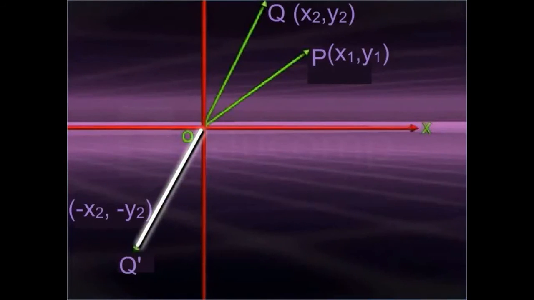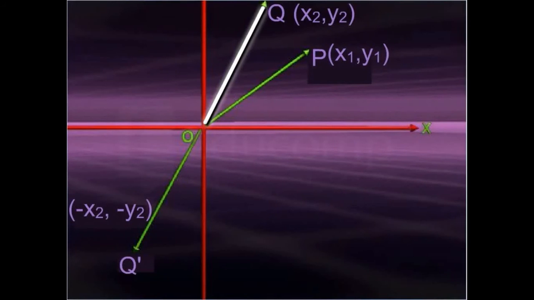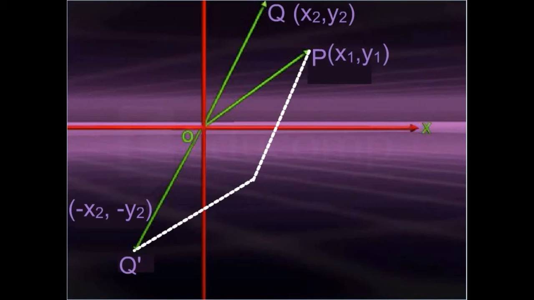Vector OQ dash, having the same magnitude but opposite direction to vector OQ, represents the negative of complex number x2 plus iota y2. Notice that vector OR represents the sum of vector OP and vector OQ dash, or you can say vector OR represents the difference of vector OP and vector OQ.